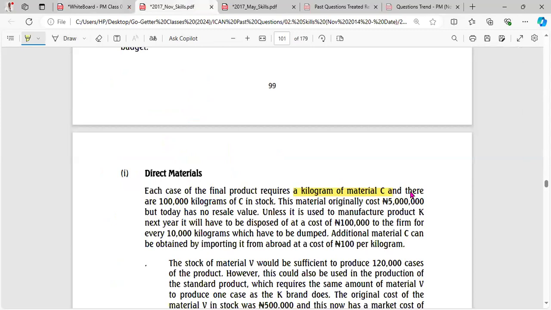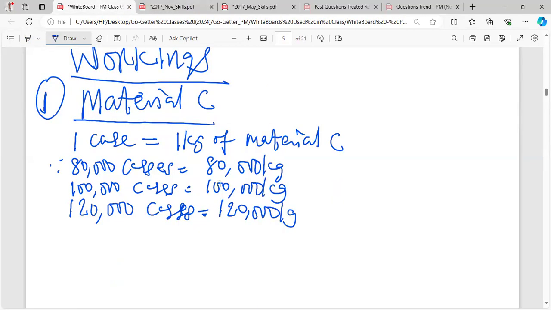All right, so let's look at it again. We are told that there are 100,000 kilograms of C in stock. So what is available? You can come here and say available 100,000 kg.